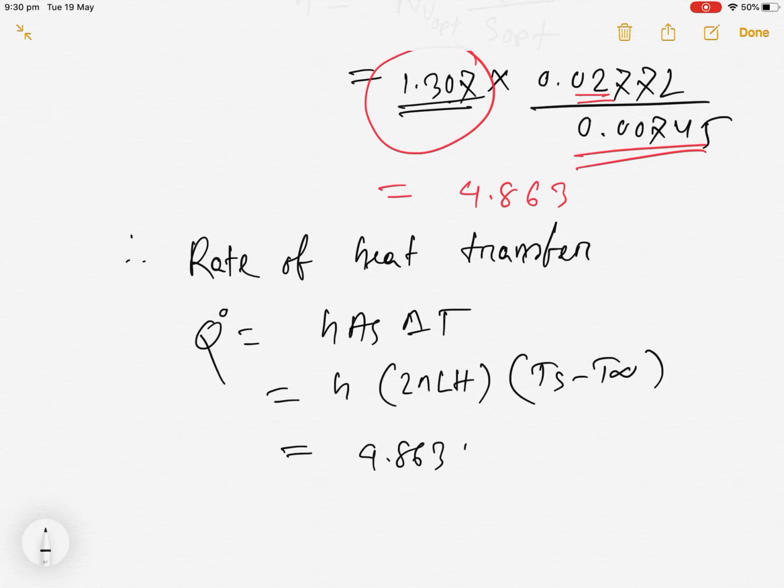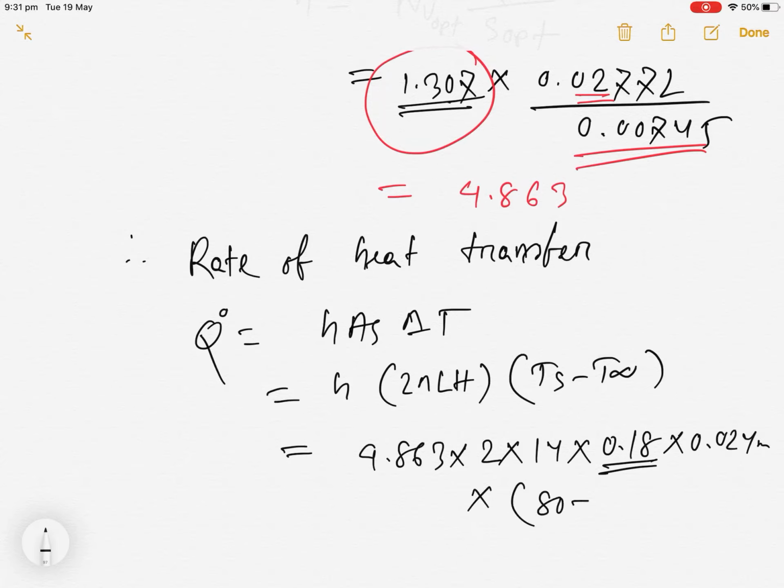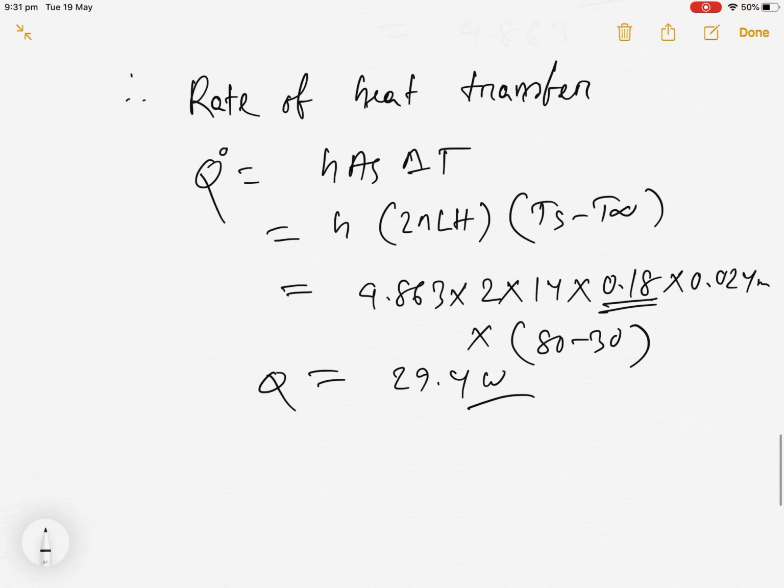So h_s we got is 4.863. This is 2. Number of fins we got is 14. The length in the vertical direction is 0.18, and the height is 0.024 meter, and the temperature difference is 80 minus 30. So we will get 24.9 watt. This is the rate of heat transfer.